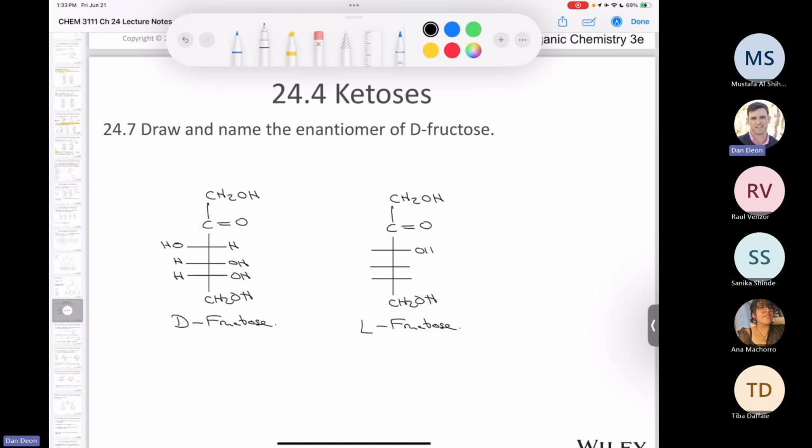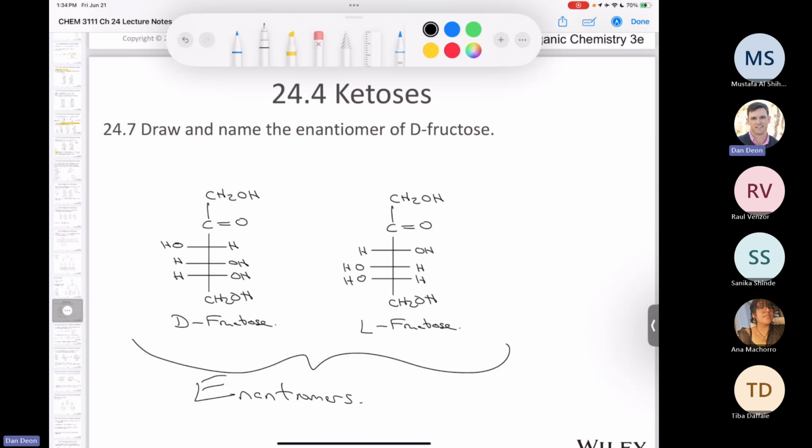So now our hydroxyl is over here, and now we have our hydroxyl on the left-hand side for these 2 chiral centers. There you go. So we have D-fructose and L-fructose, and these 2 compounds are enantiomers of one another. So now you know how to draw a pair of enantiomers. You just draw the same skeleton and, at every chiral center, switch the side of the hydroxyl and the proton.